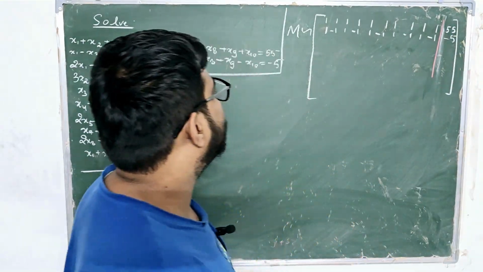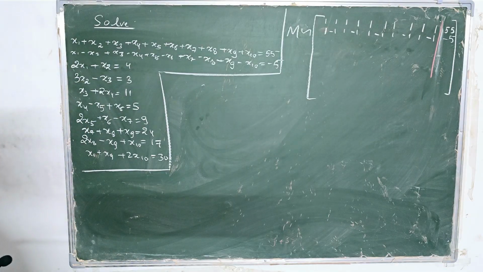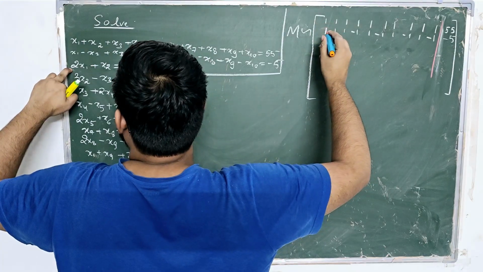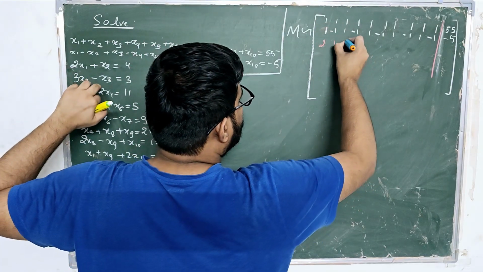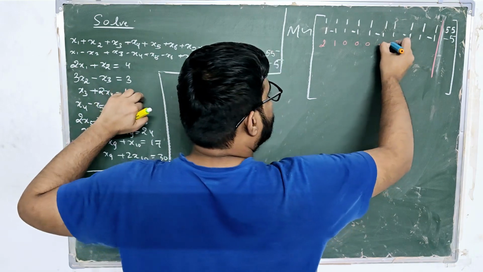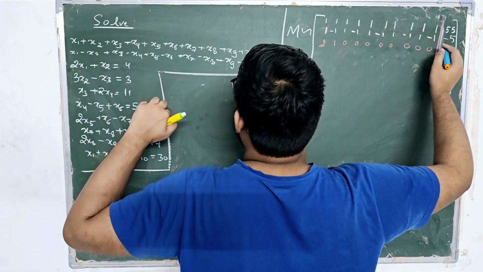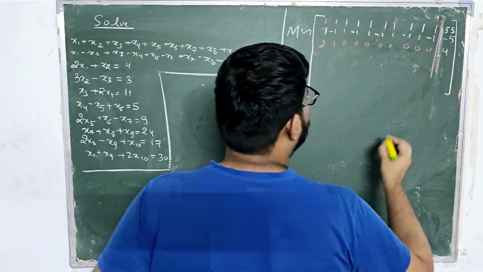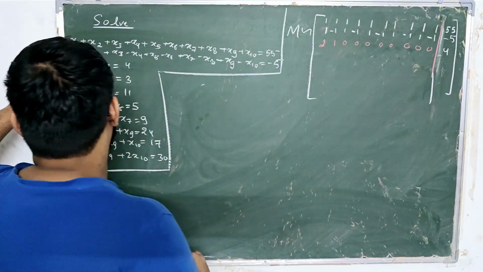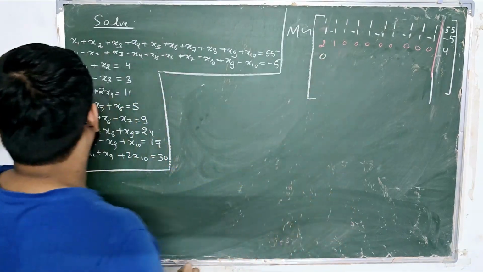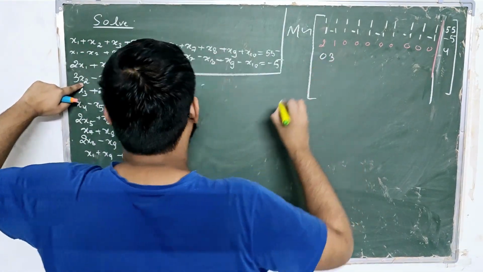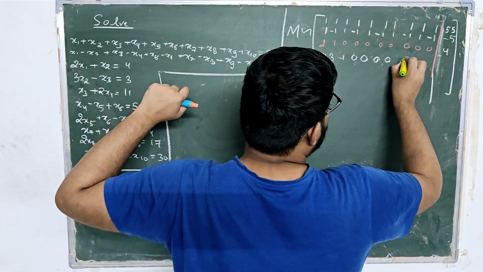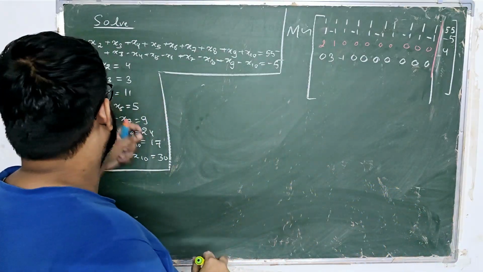For this we have negative 5, and to this we have 2, 1 0 0 0 0 0 0 0 0, and corresponding to this we have 4. And similarly we have 0. For x2 we have 3. For x3 we have negative 1, and then 0 0 0 0 0, which is 3.